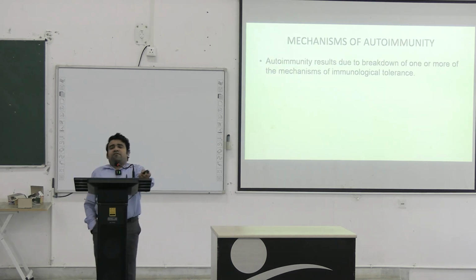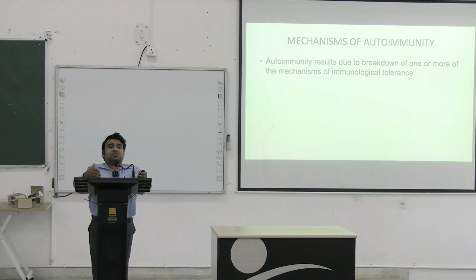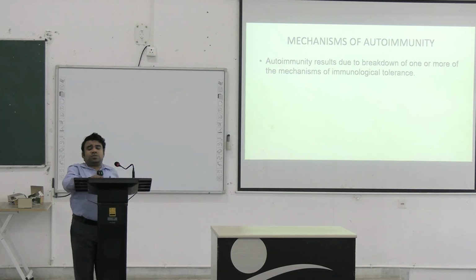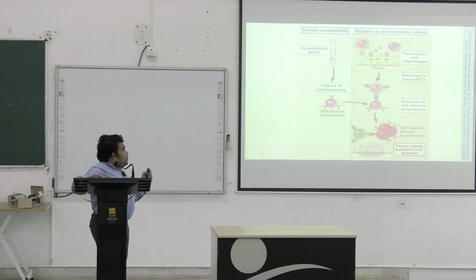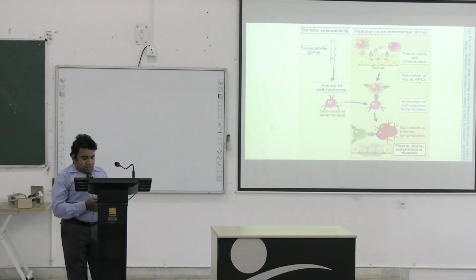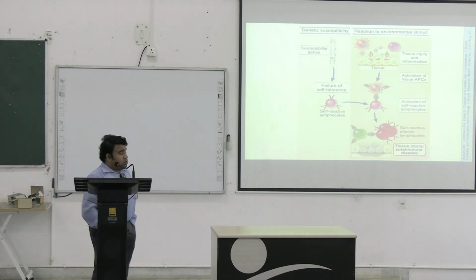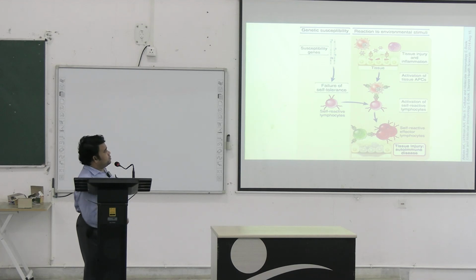Having understood this, let us try to understand how autoimmune status occurs. That is, how the human immune system gets triggered against the self antigen. This is the composite diagram, take a look at it. First would be genetic susceptibility.